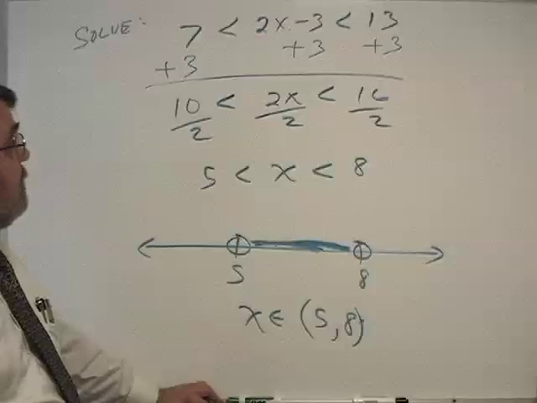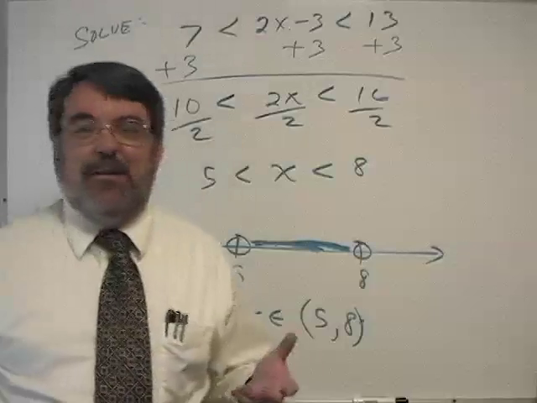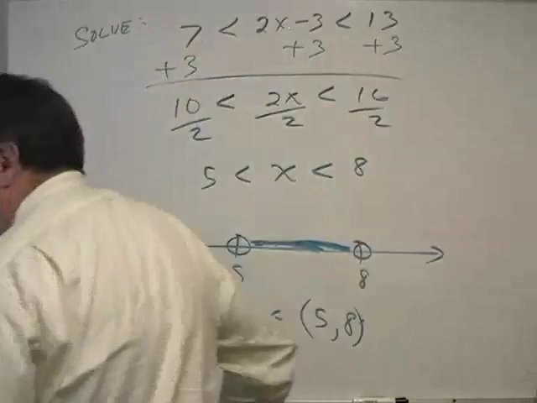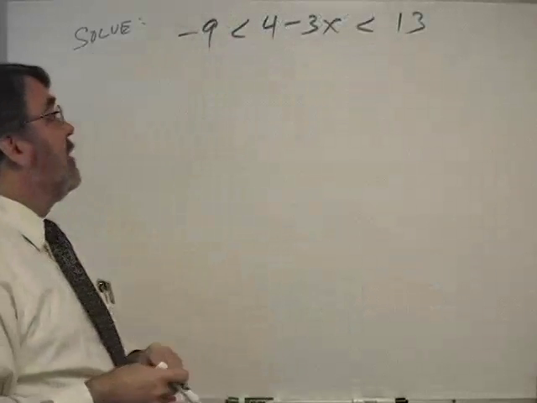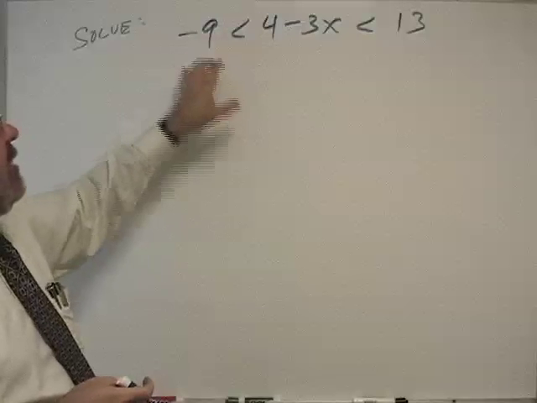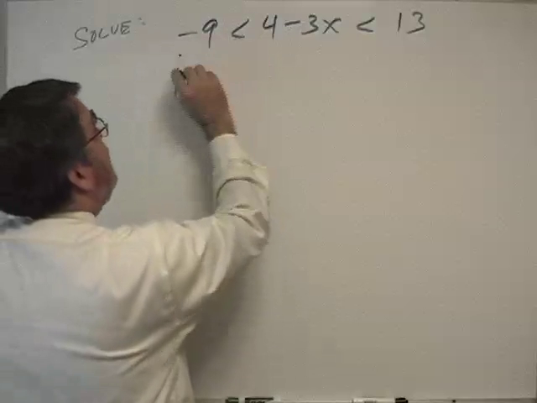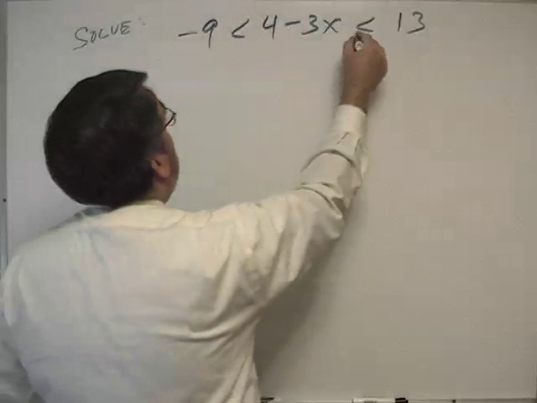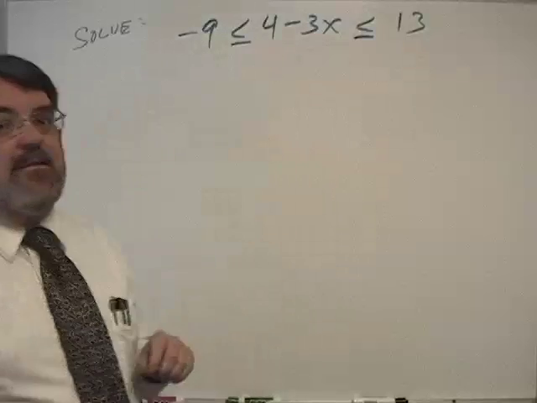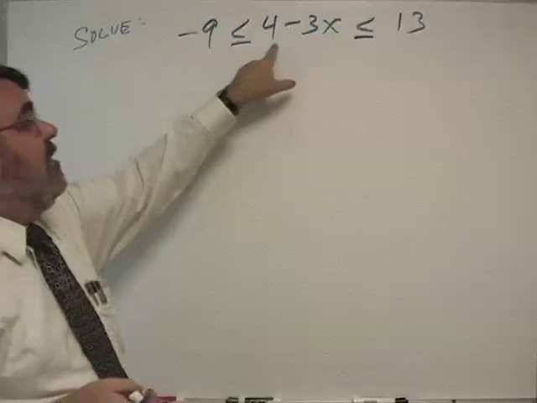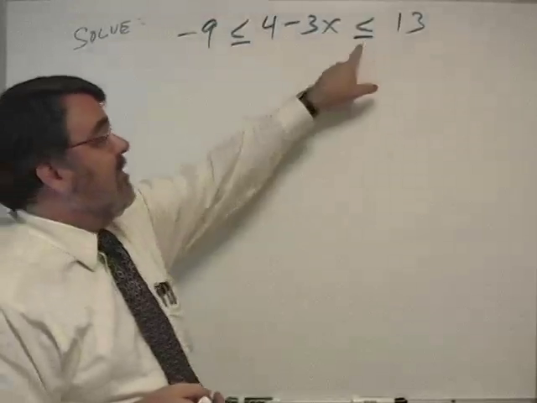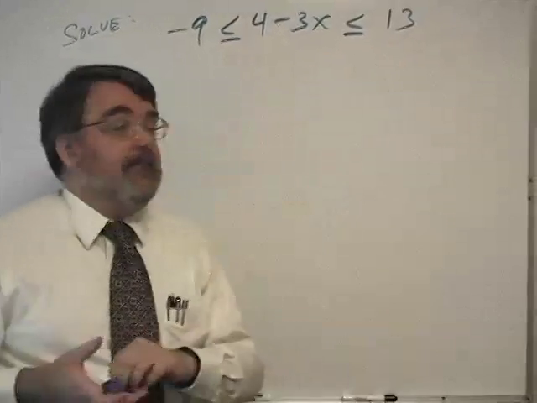All right, let me try one that's just a little bit trickier. Okay, here we go. Let's solve. Negative 9 is, and I'm going to change this to less than or equal to's, just for something different. Negative 9 is less than or equal to 4 minus 3x, and that's less than or equal to 13.